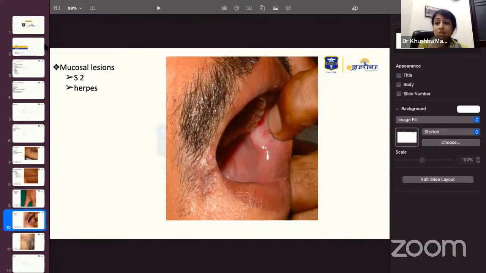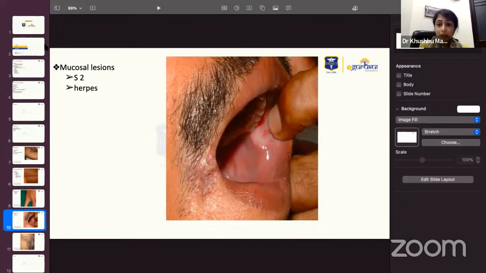But it is interchangeable. I've told you time and again that it's not fixed. So if there is genital herpes due to HSV2, the same patient can also have painful oral erosions. So if mucosal involvement is given, think of herpes.